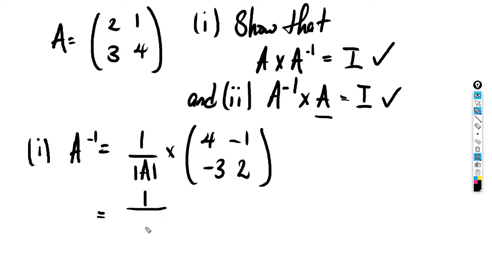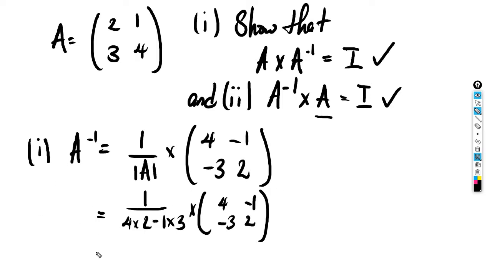It should be 1 over 4 times 2 minus 1 times 3 multiplied by A adjoint, same matrix, 4, minus 1, minus 3, 2. Cool. All right, so we should end up getting 1 over 8 minus 3 multiplied by 4, minus 1, minus 3, 2.